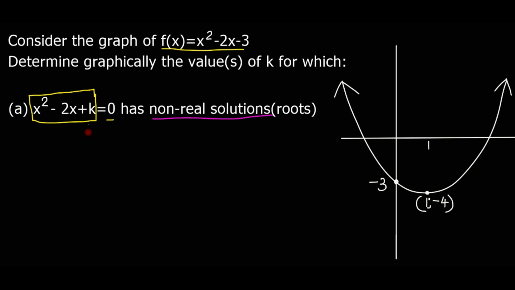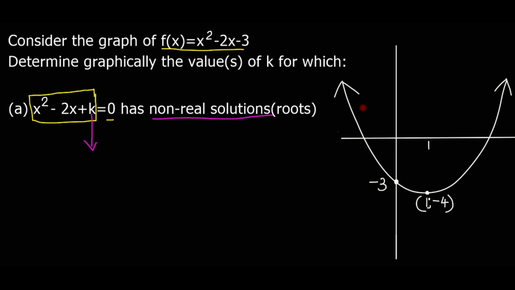We know that the moment they say equals to 0, they are referring to the x-intercept, and normally the value of k, which is the y-intercept. So you want to know what the value of k will be if our graph is going to have non-real solutions.